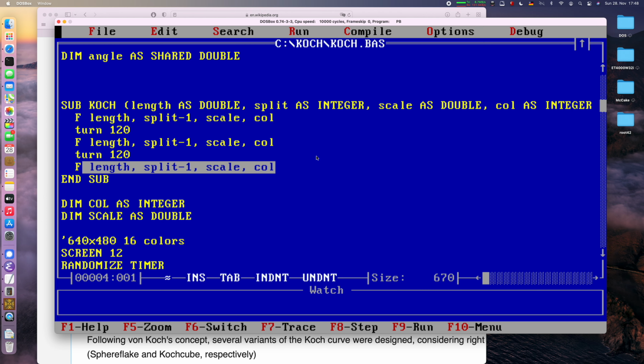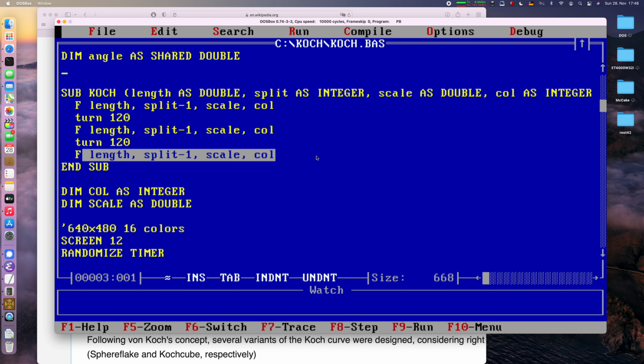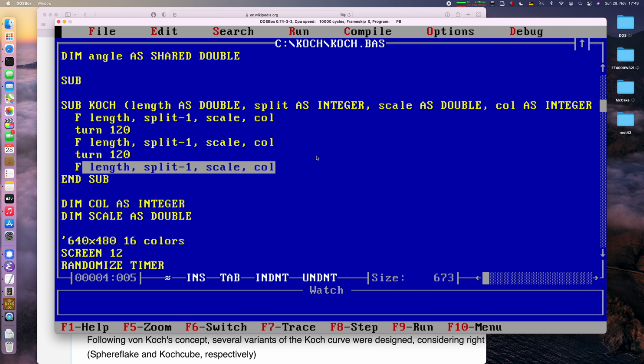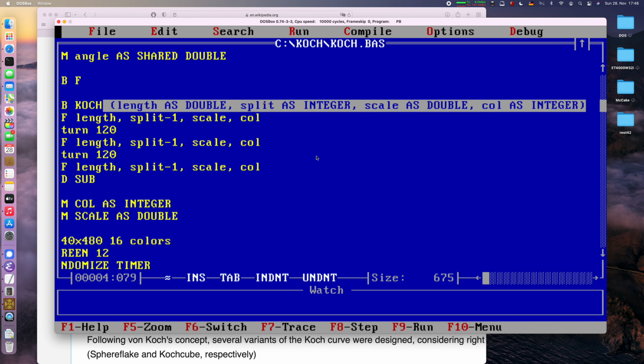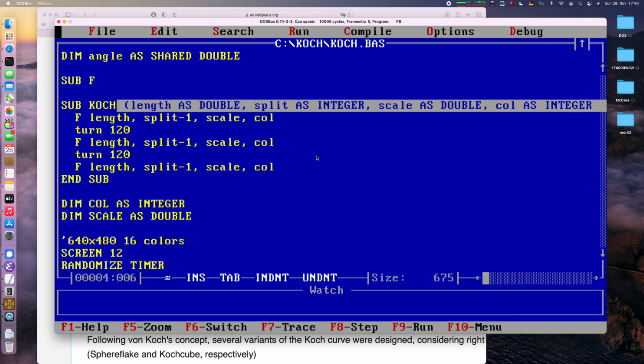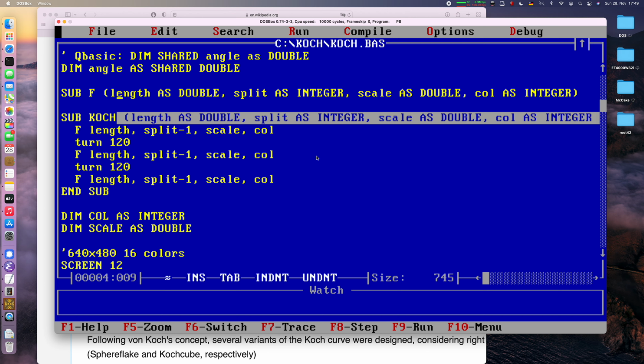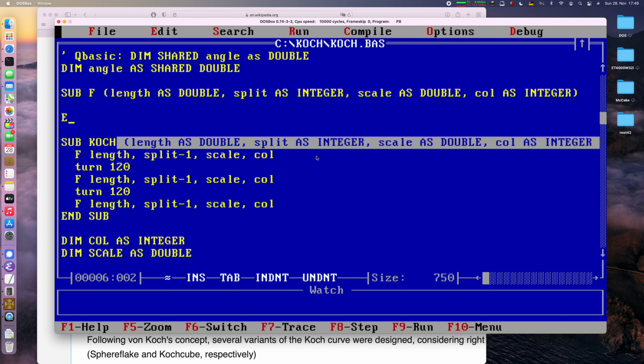So, next up, we have our axiom. Now we need to implement the f function, and since we're calling that here, well, doesn't matter much, we can put it up here. The signature will look exactly the same as the Koch function. Maybe not moving, copying will be better, yes. Alright.